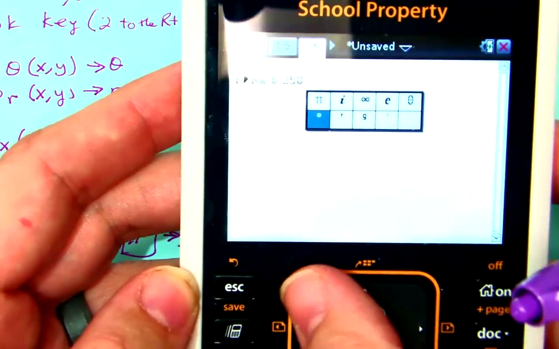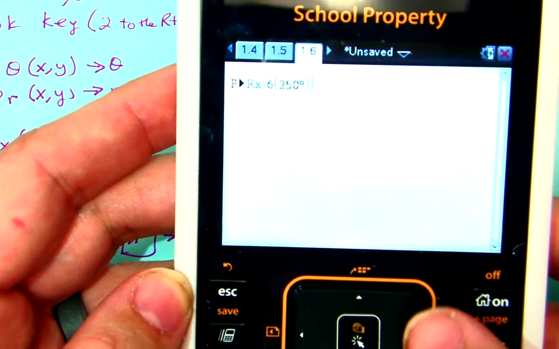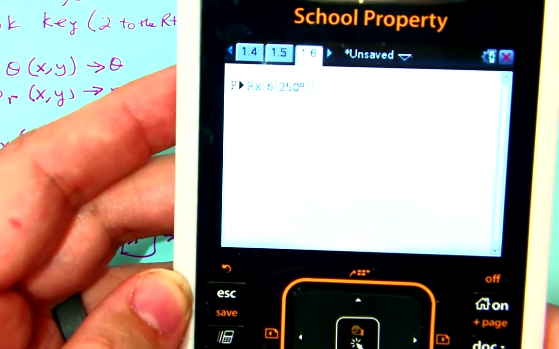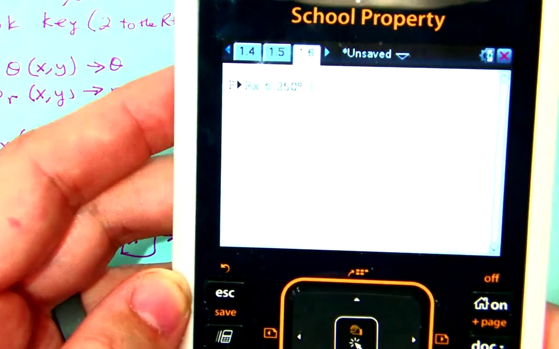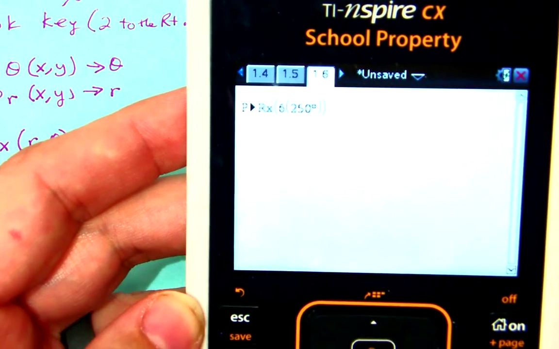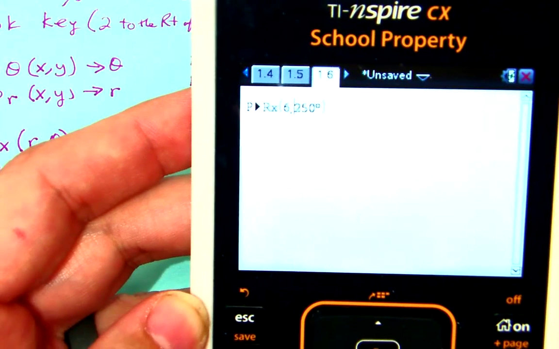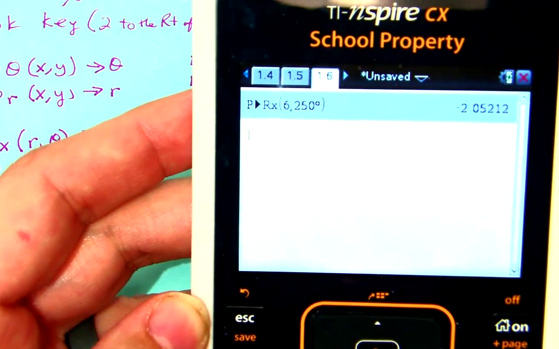So I will move down to degrees and put that in there to ensure that my calculator knows that I'm working with degrees. Too few arguments. Oh, it happens. I put a parentheses instead of a comma, and there's my x value.